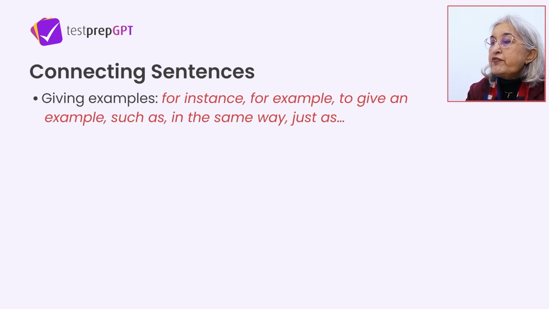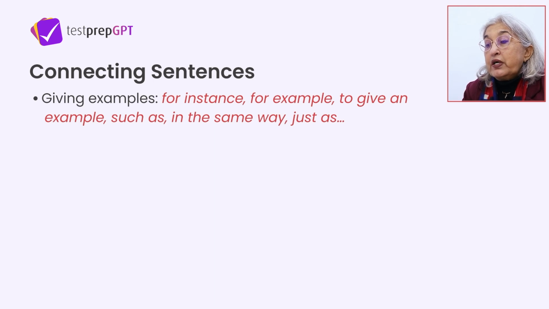You would say, for instance, for example, to give an example, such as, in the same way as, or just as, likewise. So these are certain ways in which you will introduce your example. That is, you will introduce your point that you're going to give an example. You will indicate that.